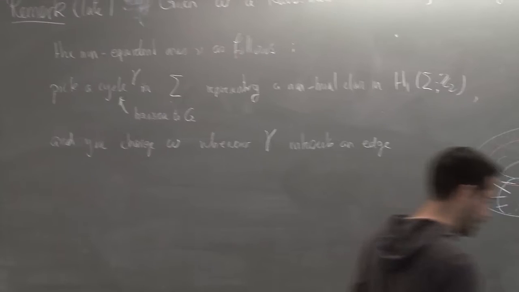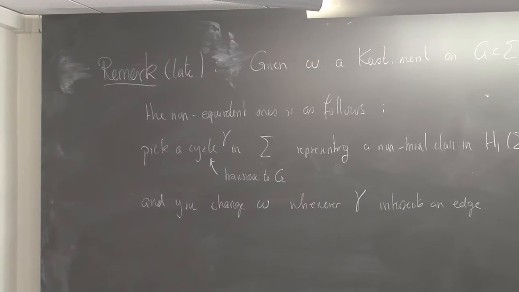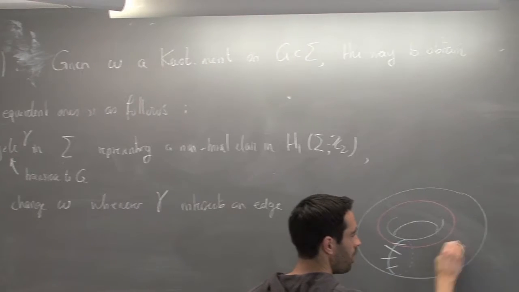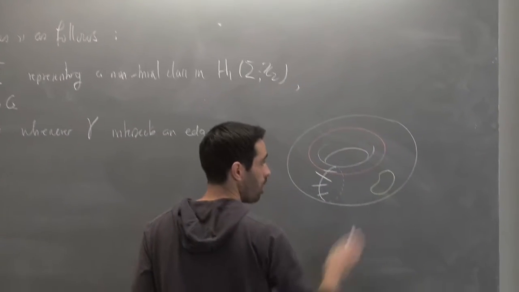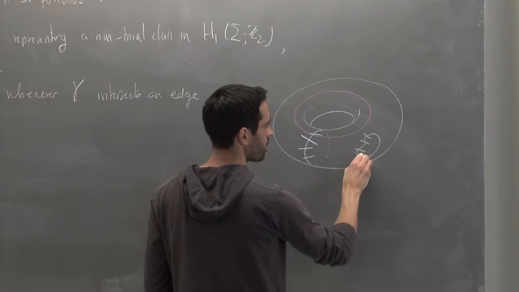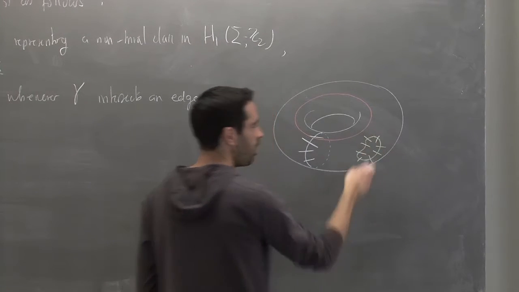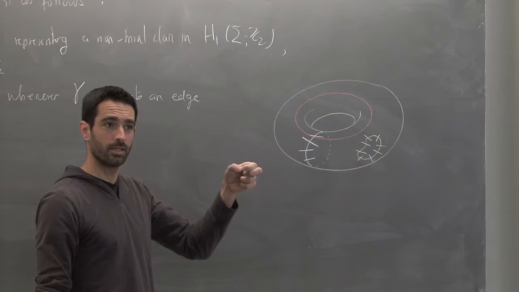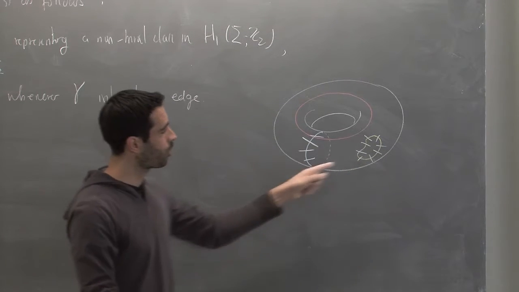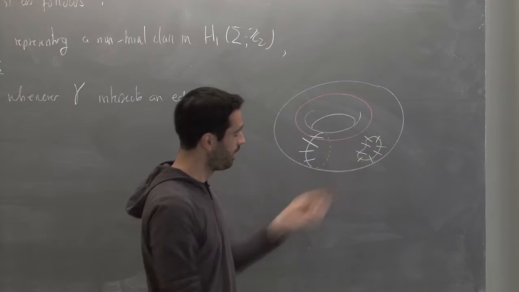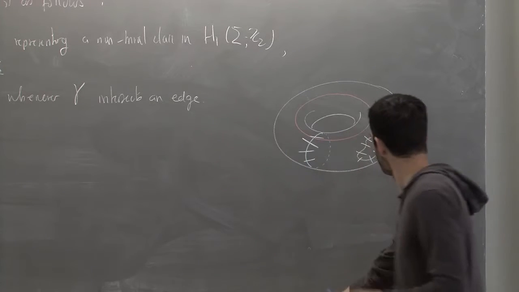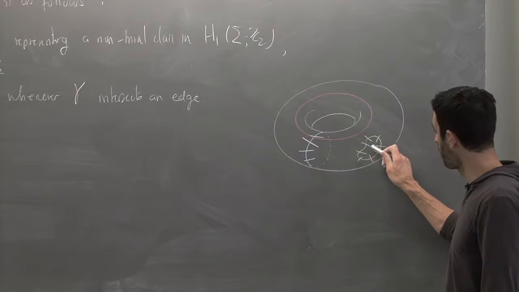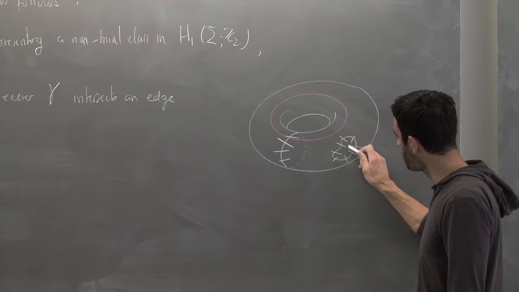You see what would happen if you do the same, but you change the orientation of all the edges that intersect a cycle that actually is trivial in homology. Then it's exactly the same as switching the orientation around the vertices inside the cycle.